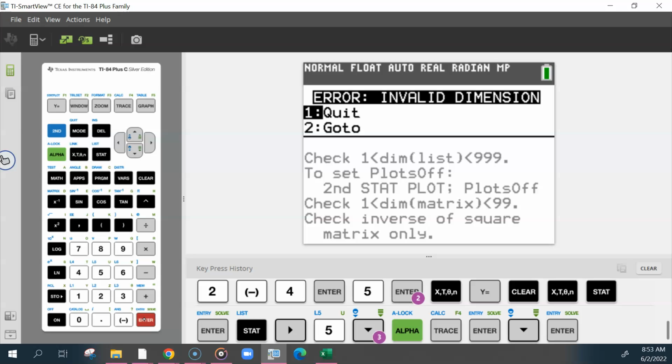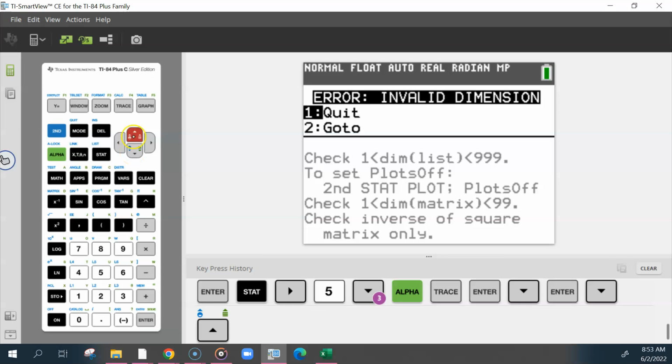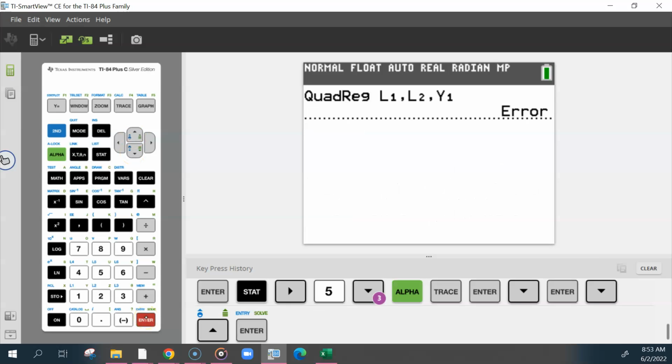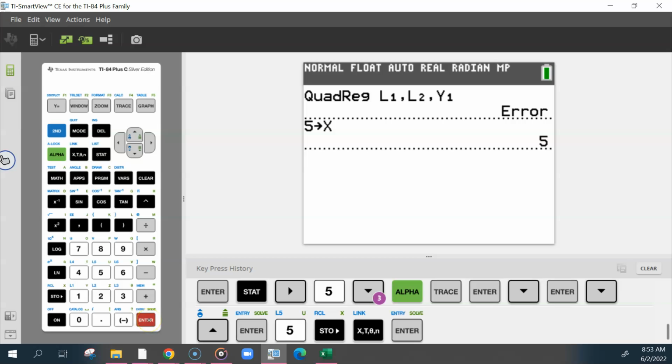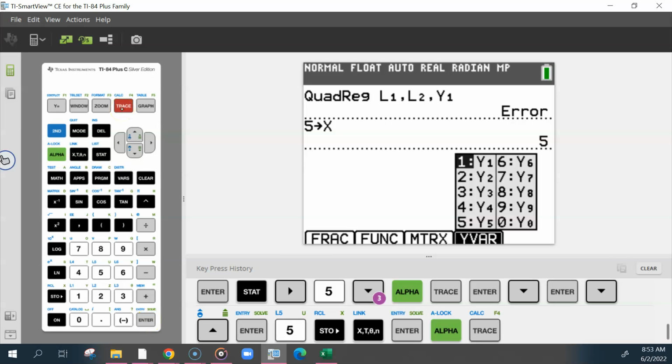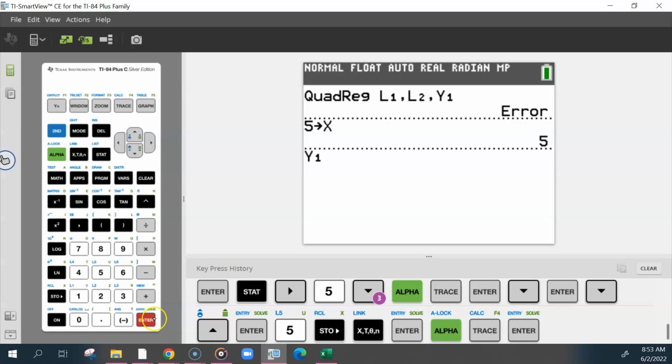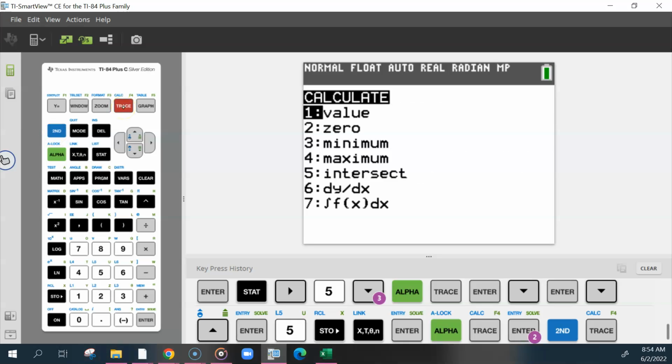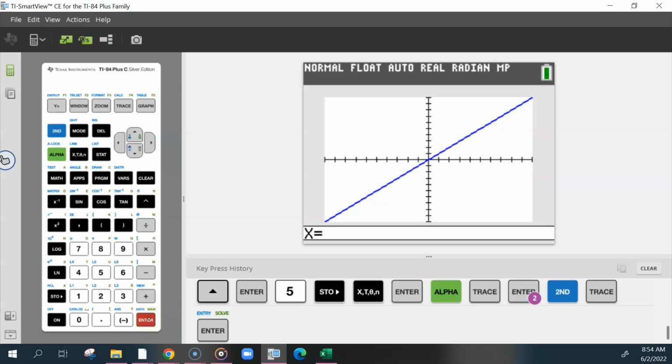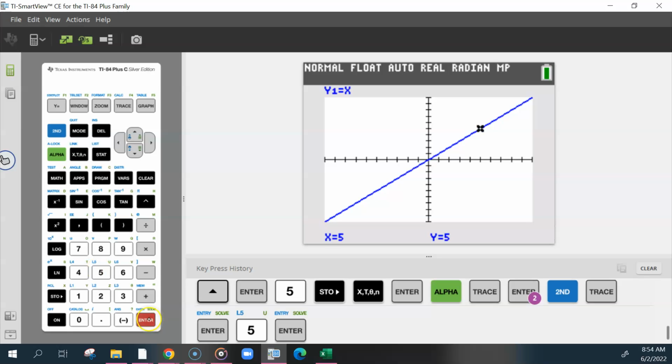And then after you get that, one way you can either put in a number, store it as x, hit enter, go back and grab your equation from alpha trace. It'll solve that. Or hit second trace, go to value, and put in the number you're looking for. And it'll solve it for you.